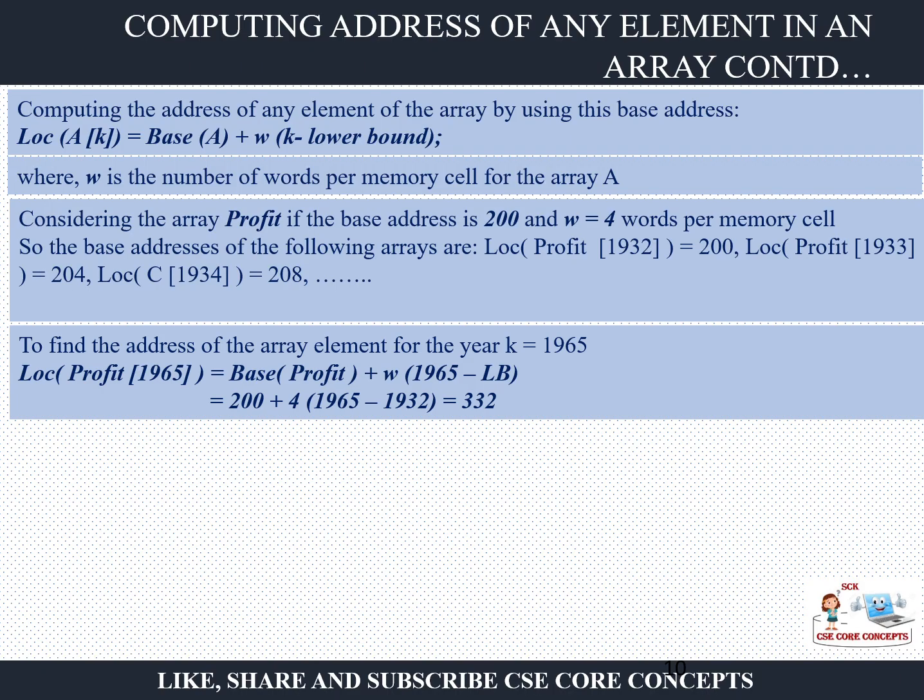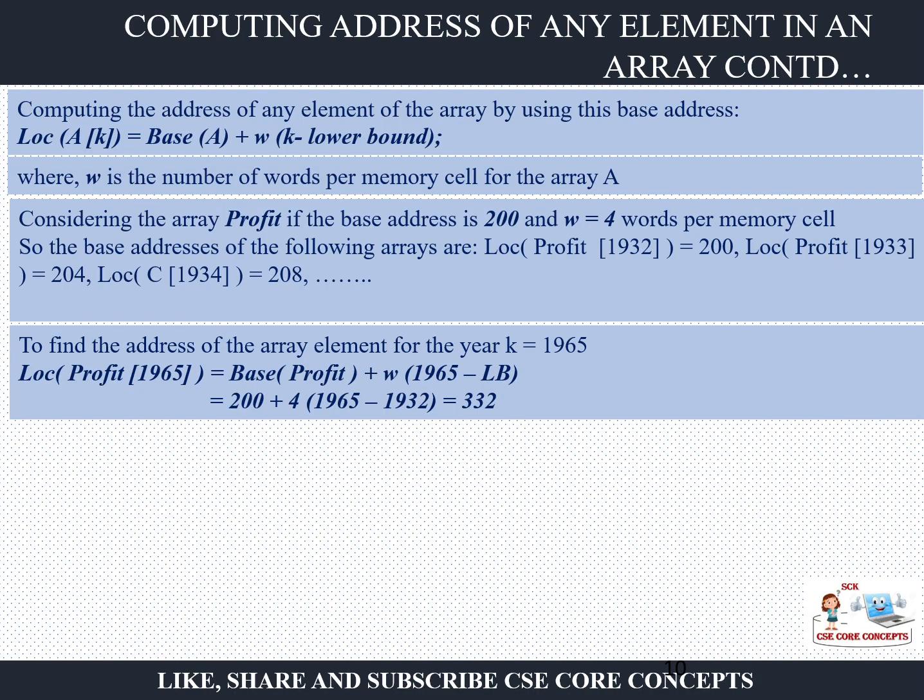Now let's say I want to find out the memory location where 1965 is stored. So how will I do it? Base of that array, that is 200, plus 4, where 4 is the number of words used by one location, times 1965, which is the one I want to find out, minus 1932. 1932 is the lower bound.